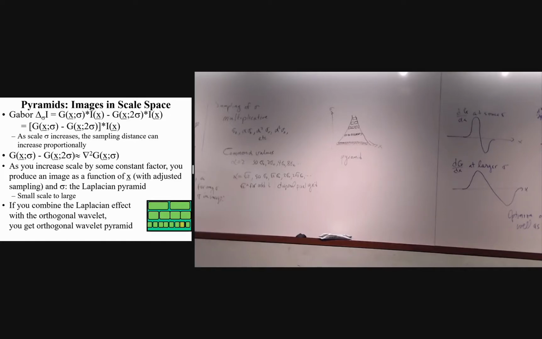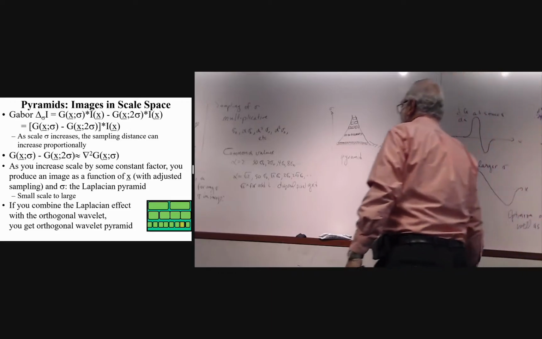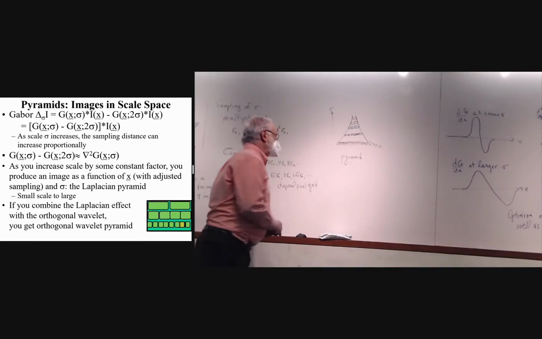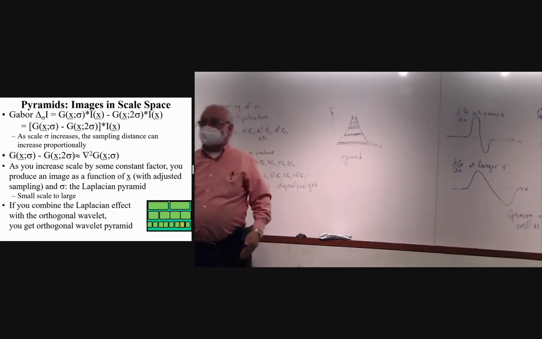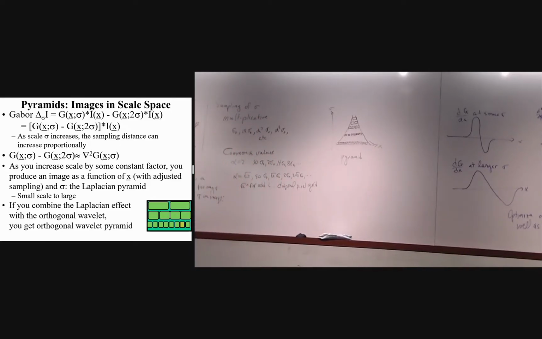But now we have various sigmas, and so the bigger the sigma, the bigger the intersample distance. So people think of it as a pyramid.